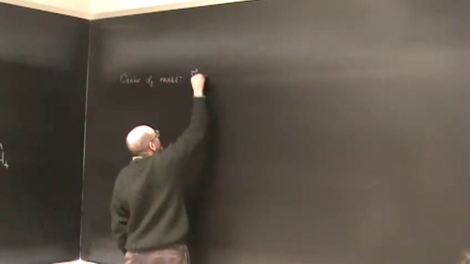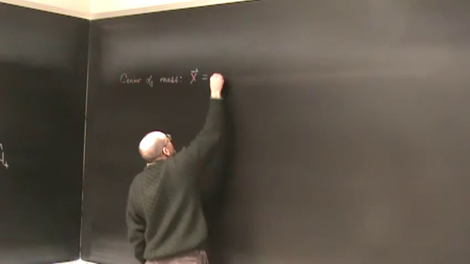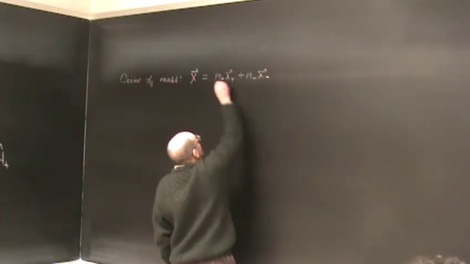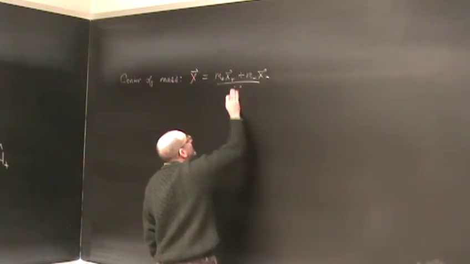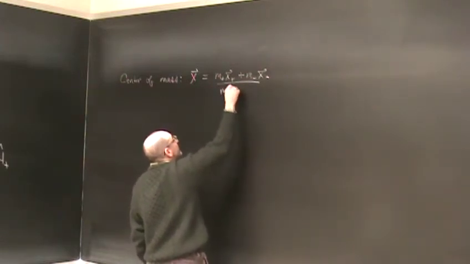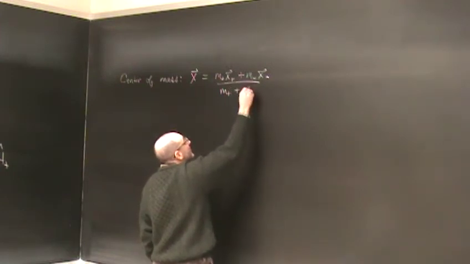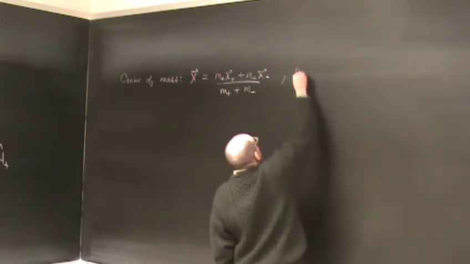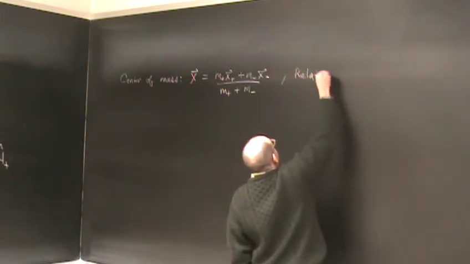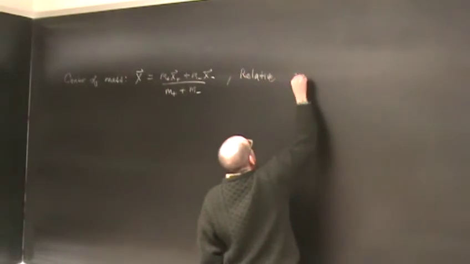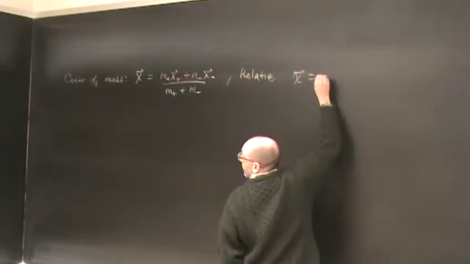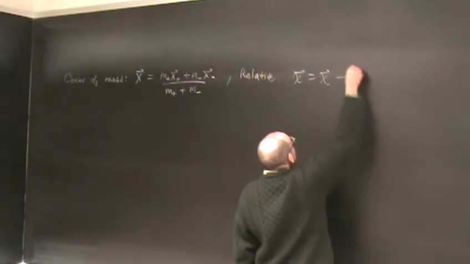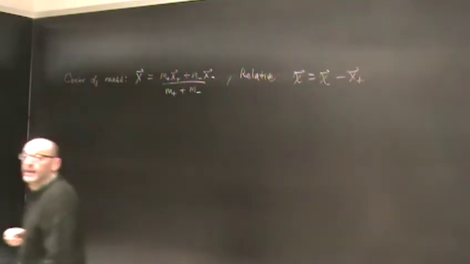So the center of mass position and the relative position, little x, and I'll call that the way I'm drawing it, going from the positive to the negative.